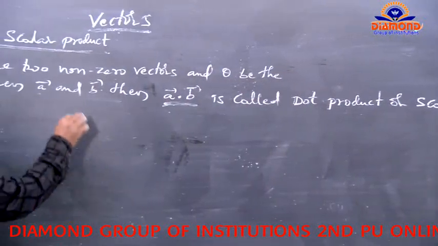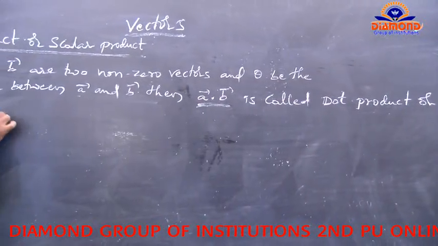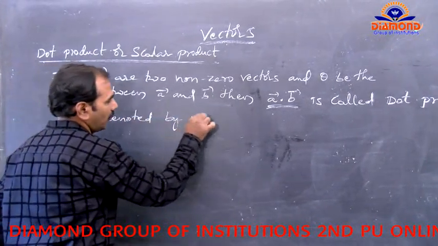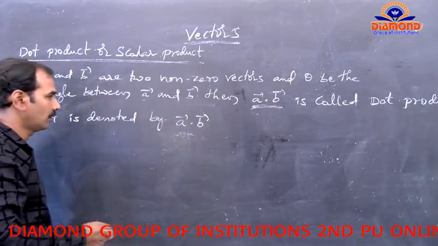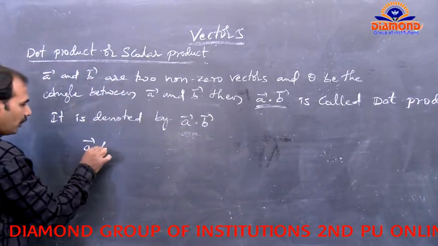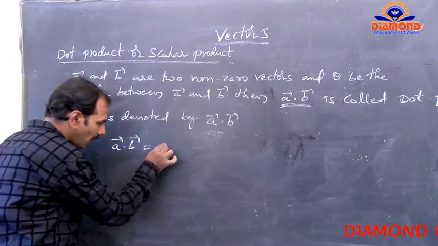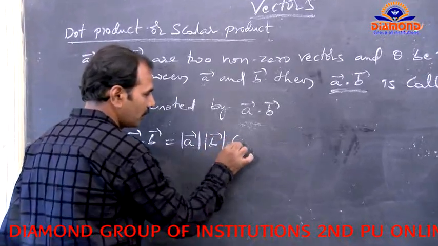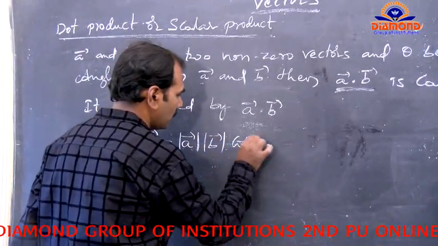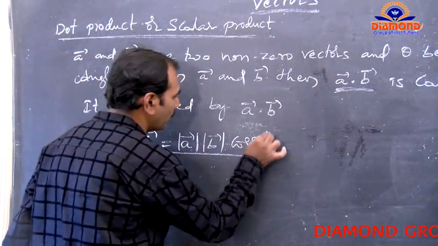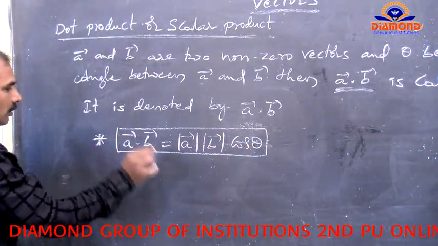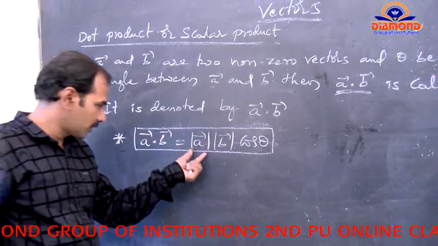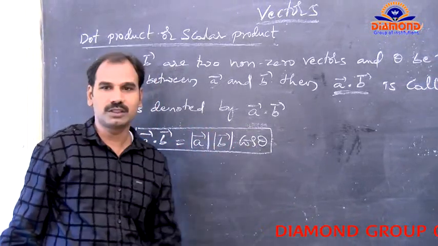It is denoted by A vector dot B vector, equal to magnitude of A, magnitude of B, cos theta. So this is the dot product formula. Very important: A dot B equals modulus of A, modulus of B, cos theta.